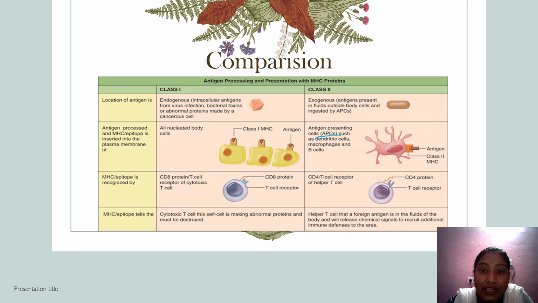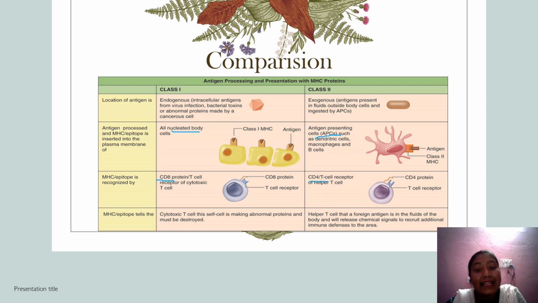And which is the epitope here? I have already told you MHC1 is recognized by CD8 and MHC2 is recognized by CD4. This is the T cytotoxic cell, TC, and this is the T helper cell, TH.